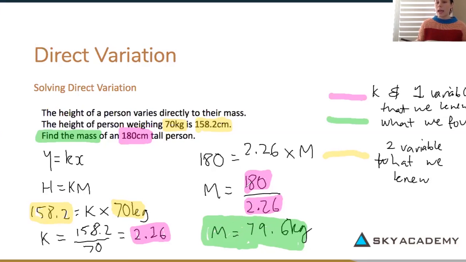You just create an equation, sub for your equation, find k constant, and use k the constant to find the unknown variable. The only thing to be aware of is the 2 different formulas. Inverse is a fraction where y equals k on x, and direct is a direct times where y equals k times x.